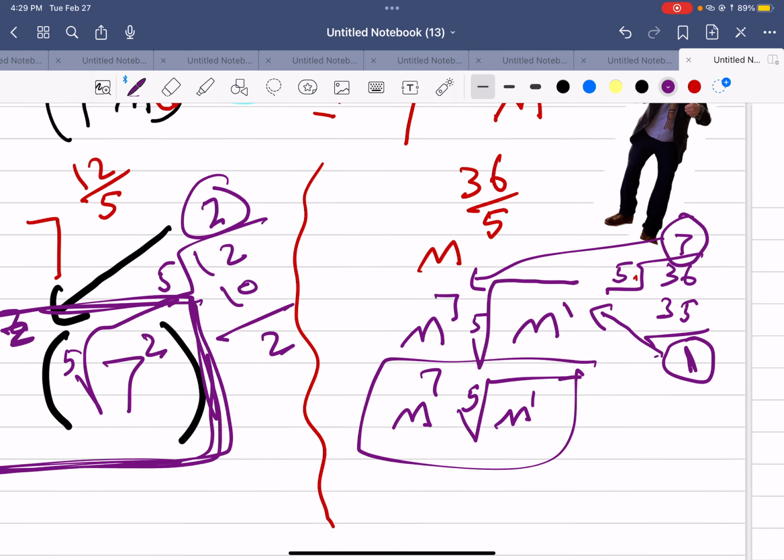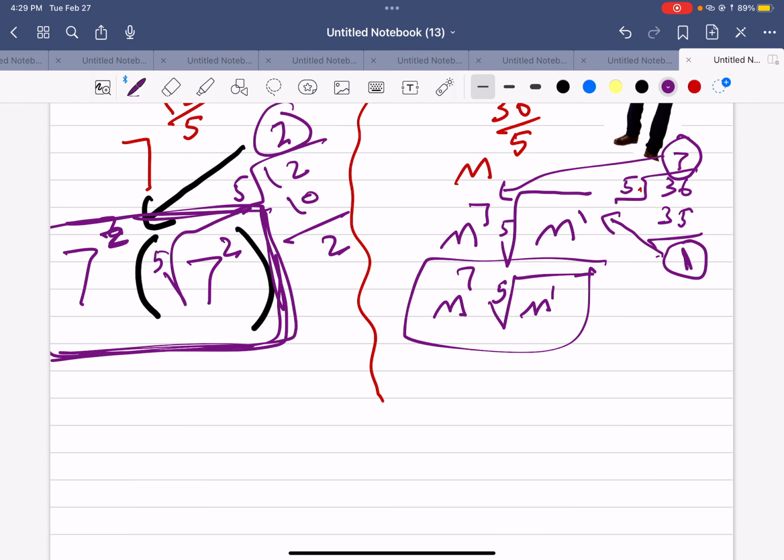Now, am I done? No, Mikhail. What I do next is I'm going to take the numbers outside the radical, which is this one and this one, and I'm going to put them together. That will be 7 squared, which you can simplify as 49, m to the 7.